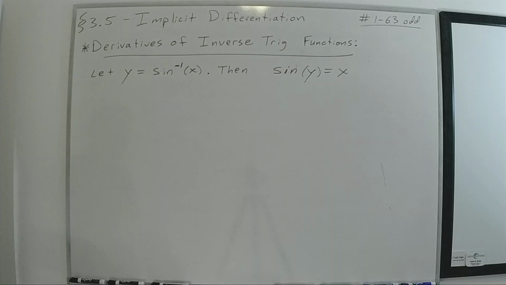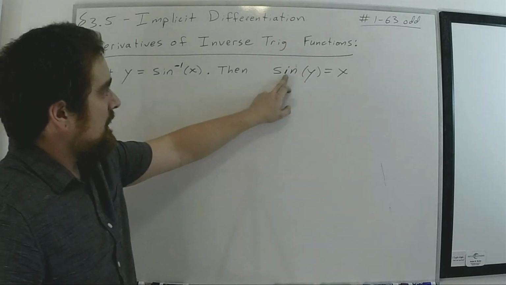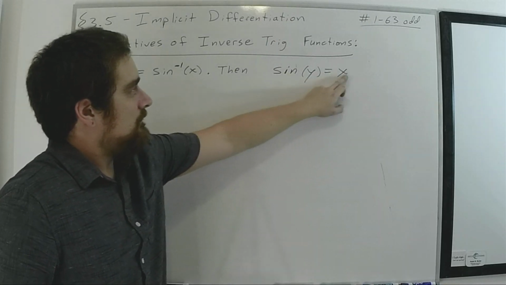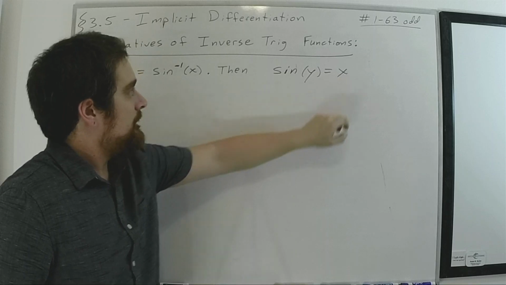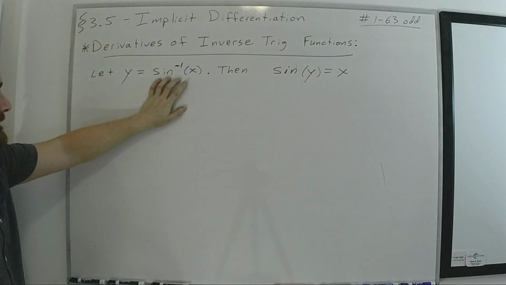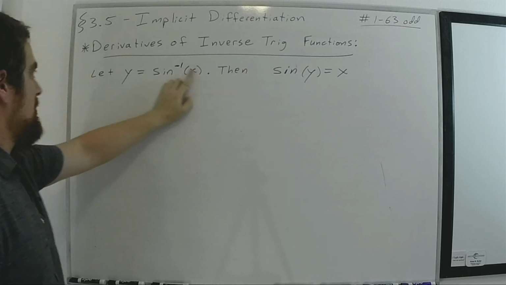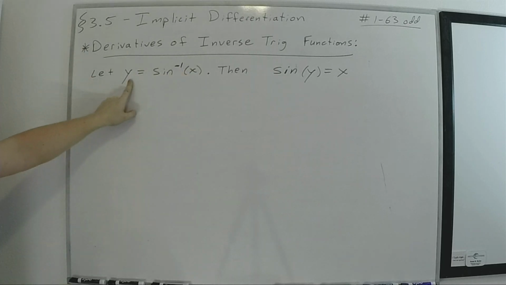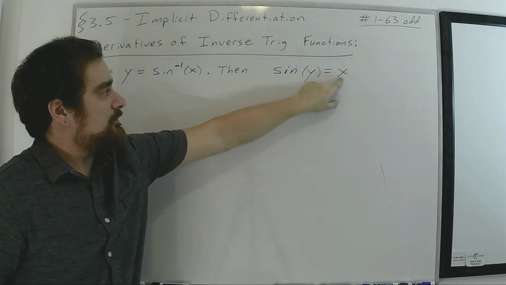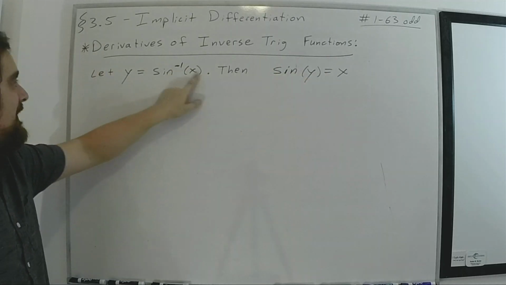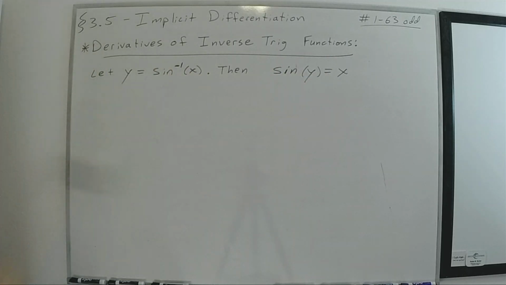So what's being said essentially is sine of some angle spits out some value. Right? What the sine inverse function does is it takes that value and returns the angle. Right? Sine of an angle gives you a value. Sine inverse of a value returns the angle that you're looking for.